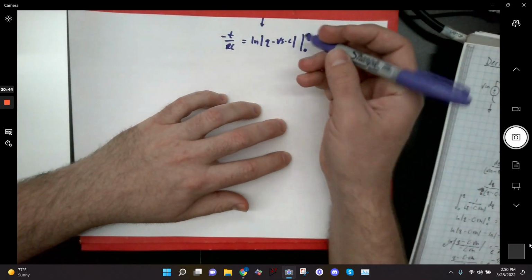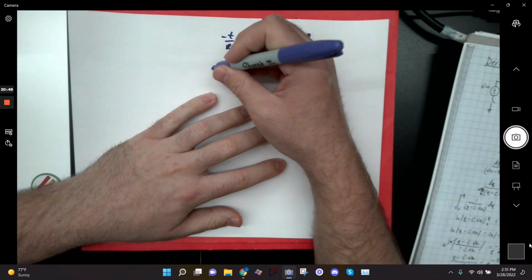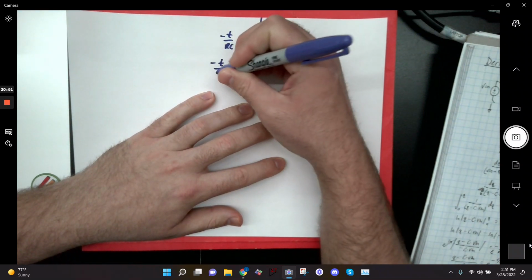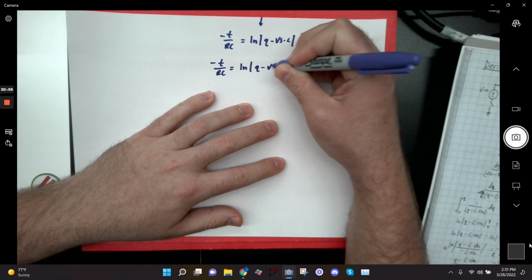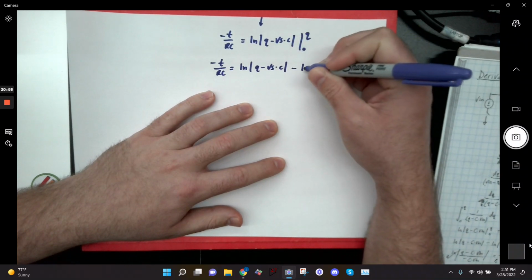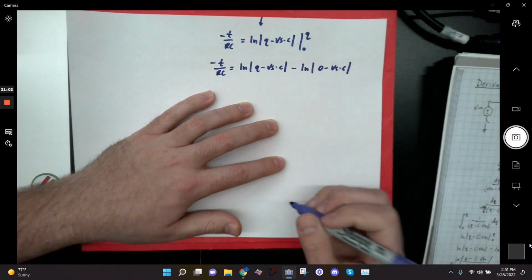So now from here I would first evaluate it at Q, and then I would evaluate it at 0, right? So it's going to be minus t over rc is equal to the natural log of q minus Vs times c, minus the natural log of 0 minus Vs times c, right?